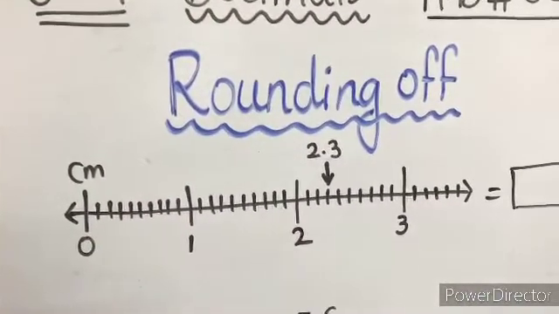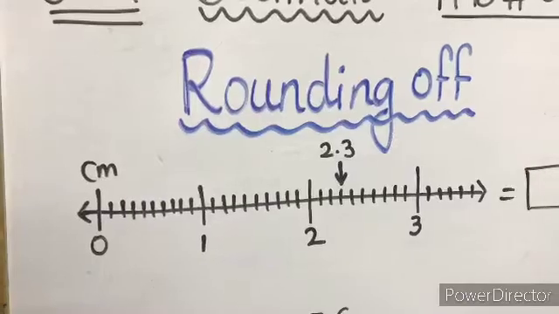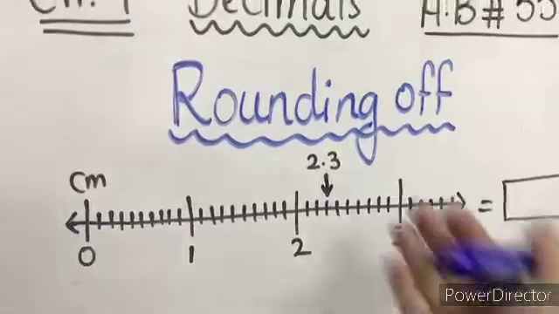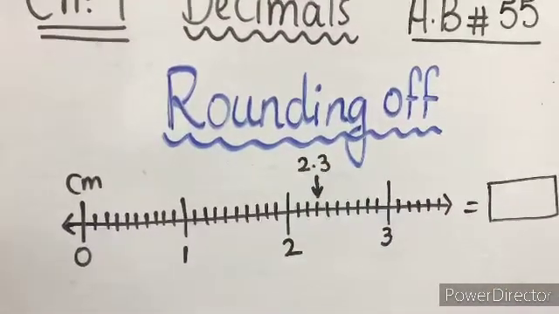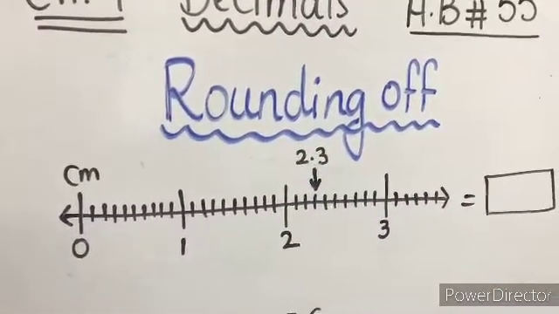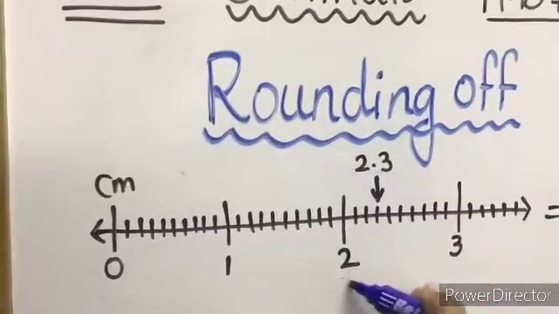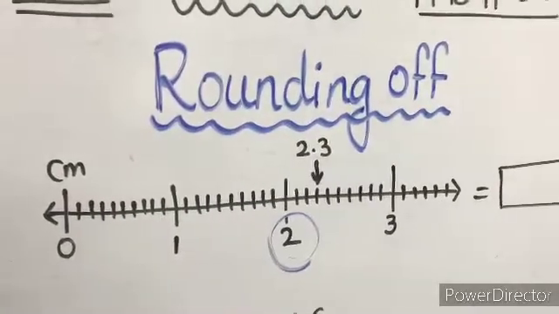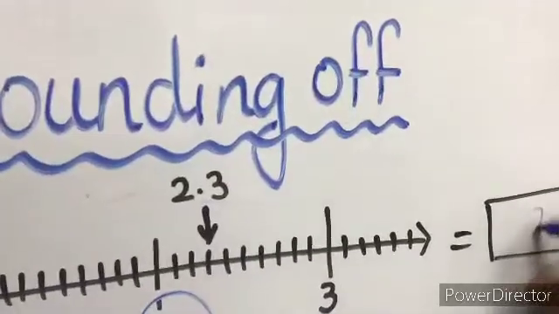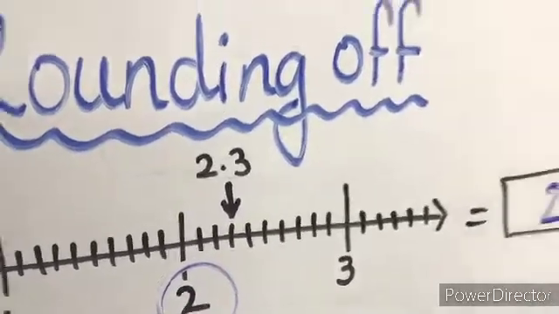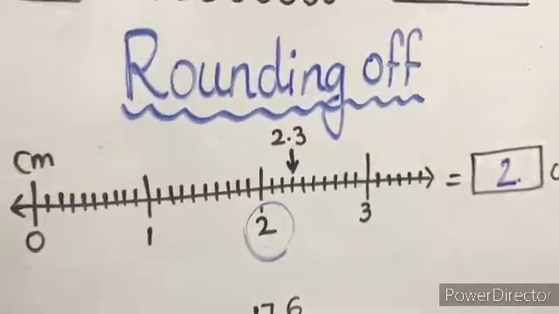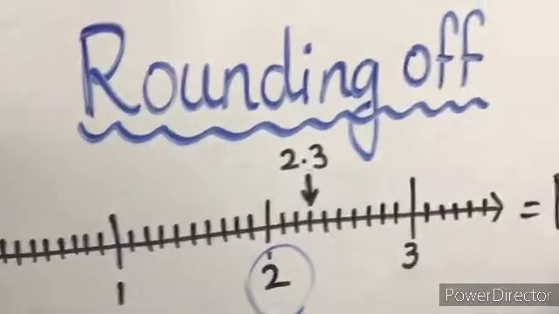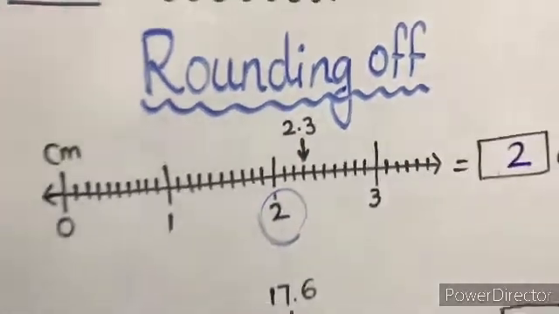As we know, if it is less than 5, that is 4, 3, 2, 1, we will stay on the same number. We will not add anything. Here the whole number is 2, so we will write 2.3 when rounded off is equal to 2.